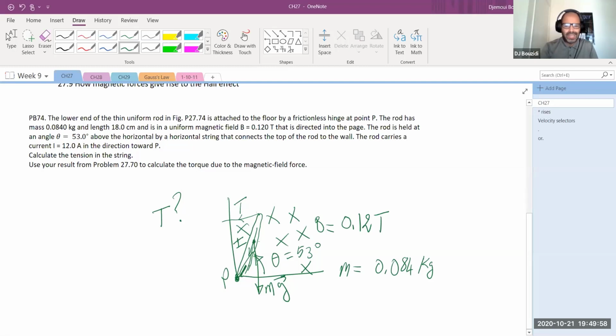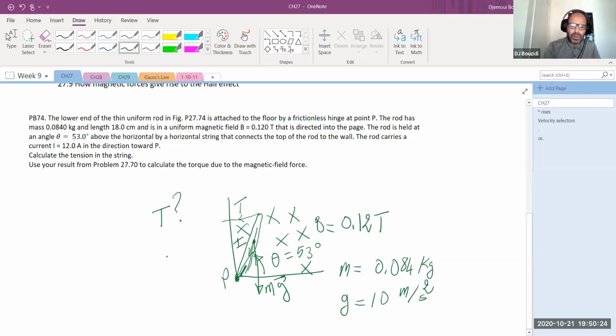For g, I'm going to take it equal to 10 meters per second squared. I know that sometimes you're required to use 9.8 for accuracy, but if I'm doing rough numbers, I don't mind putting 10 in this case. Those are the values that were given to me.